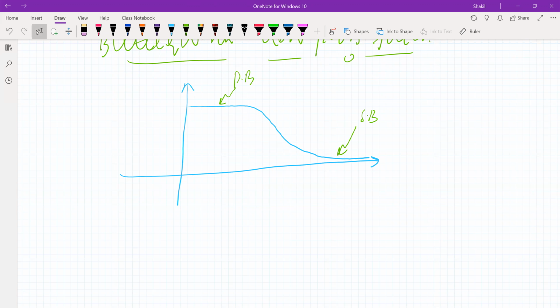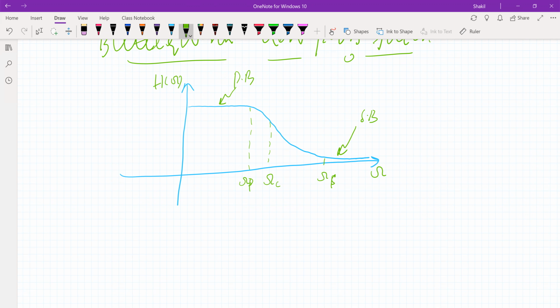So the frequency response of this filter, H of omega, is flat in both pass and stop band, and we say this is omega c, meaning the cutoff frequency. This is omega p and this is omega s. All right, so this is a Butterworth low pass filter.